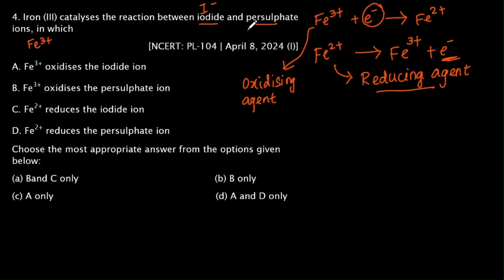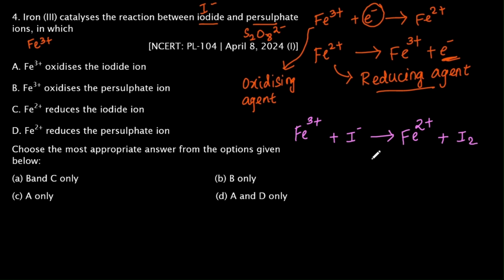Then persulfate ion is given, that is S2O8 2-. So we will see the reaction. The reaction is first Fe3+, that is what is given in the question. That is going to react with the I- iodide ion. Then Fe3+ is converted to Fe2+ by the addition of an electron, and that electron is given by this iodide ion. So this iodide will be converted to iodine molecule.